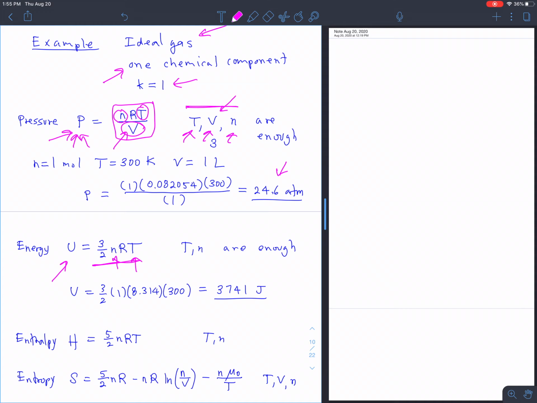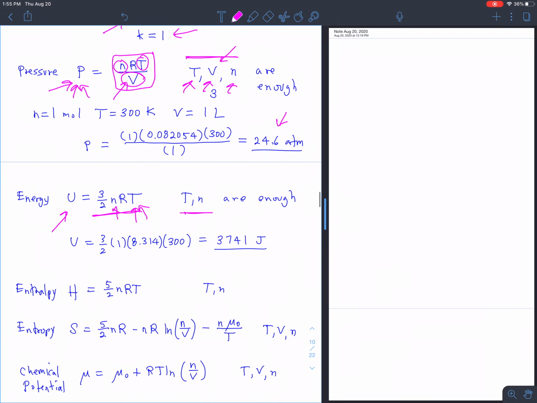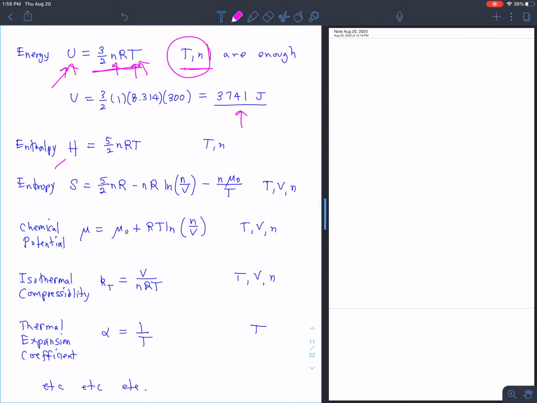We count it as still one of the basic variables. It's just that in this particular case, there's no dependence on it. So T and N are enough, and you can do the calculation. And again, as T and N change and the energy changes, we can predict and calculate in every case. Here's another property, the enthalpy. That's 5/2 nRT. Same story, just a different formula.